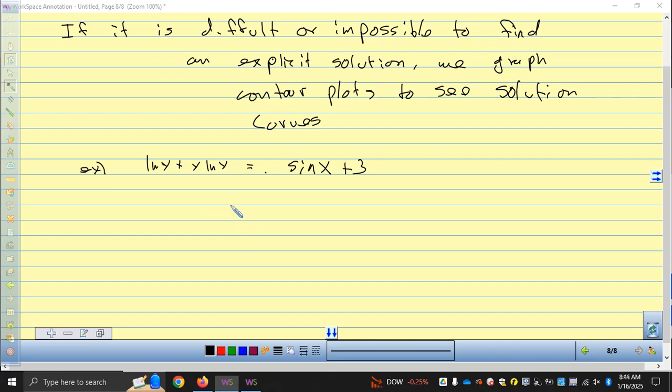So we can say f of x,y equals natural log y plus y natural log y minus sine x equals 3. So this is f of x,y equals a constant. We can think of this as a level curve of f of x,y, and the constant is 3.